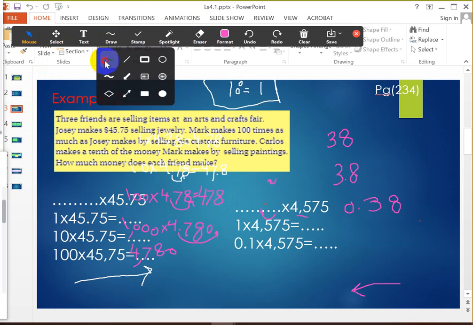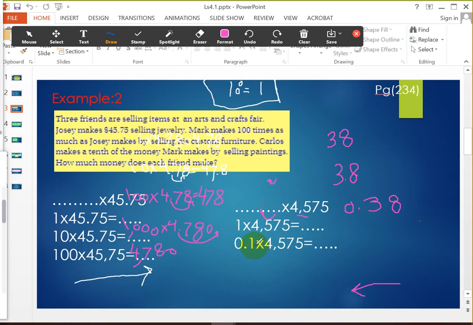What about here in Carlos, why we put 0.1? 0.1, because he said that a tenth of, and I told you tenth of means I have a tenth. That means the tenth 0.1. If I didn't mention here a number and I said only tenth without any number, this means 0.1.